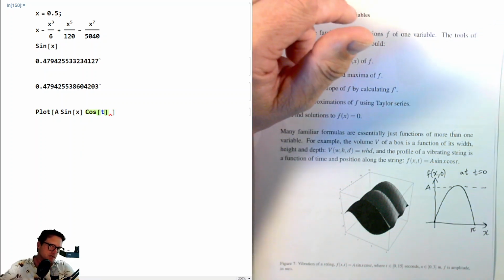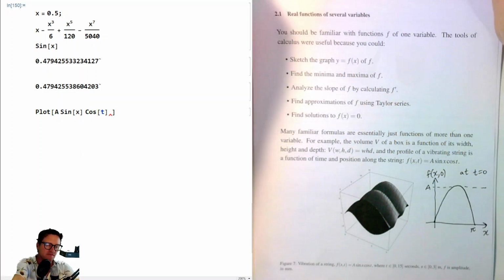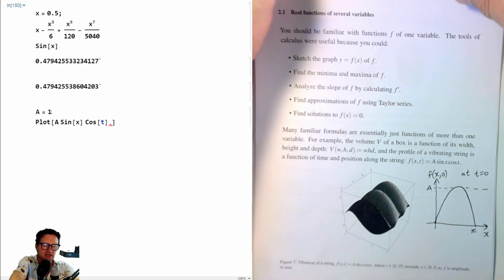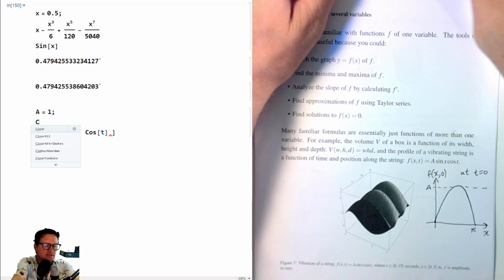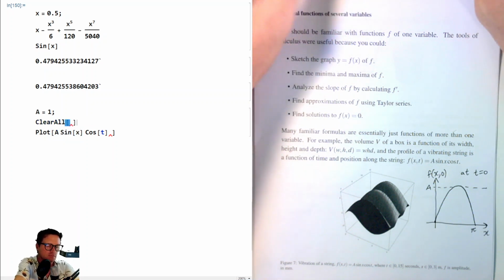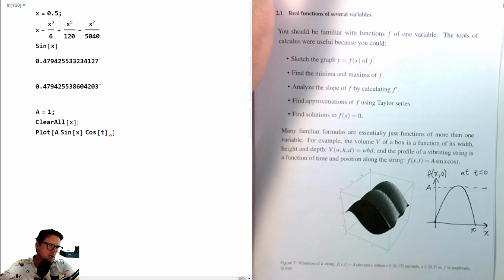Now x seems to be in memory. I want to give a value, so let's just choose something simple like a equals 1, amplitude of 1. We'll clear all x, and then we'll plot this.